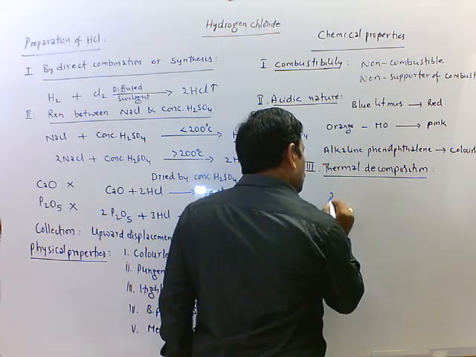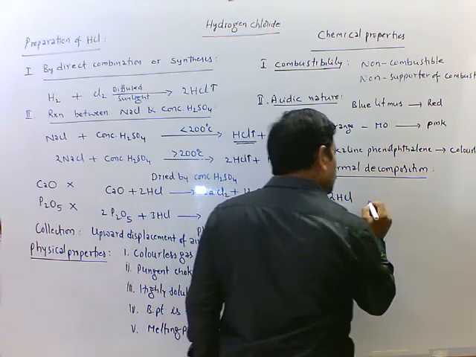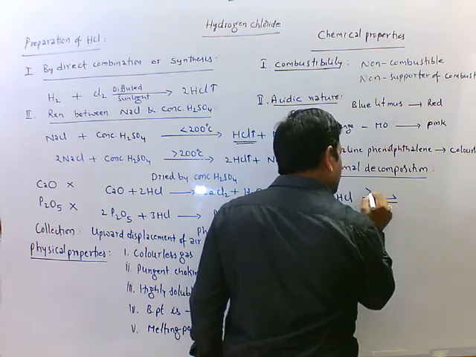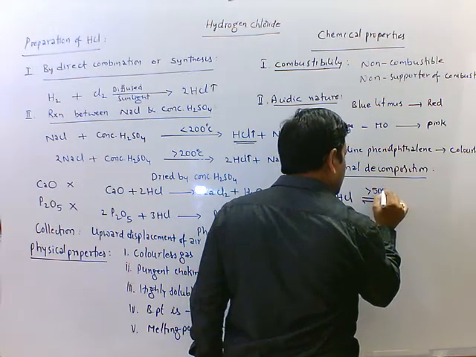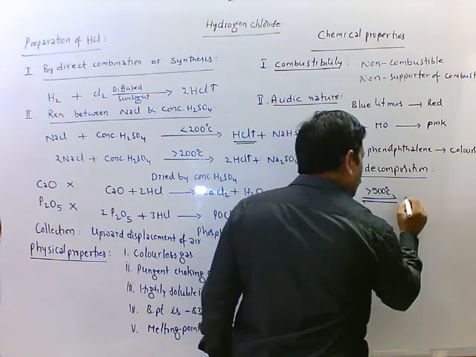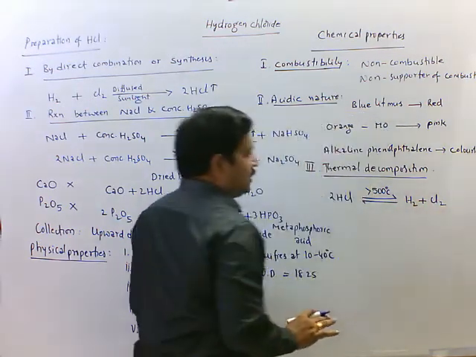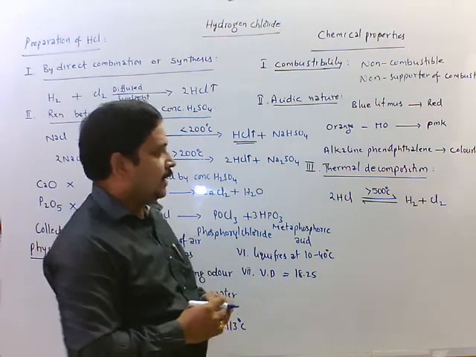See here 2HCl, it is a reversible reaction. Temperature is greater than 500 degrees Celsius. It forms hydrogen and chlorine. This is the thermal decomposition reaction.